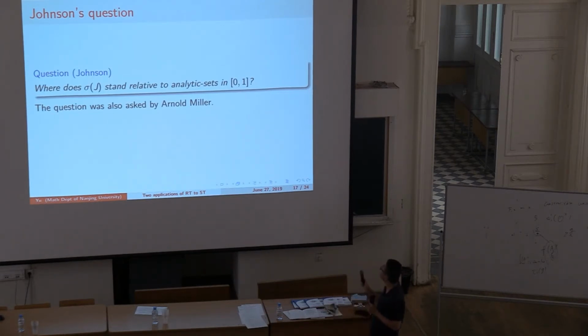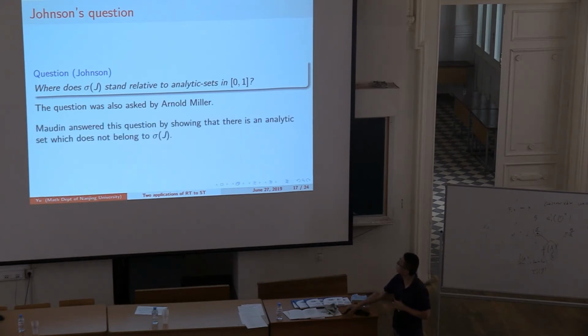This question was also asked by several set theorists, for example Arnold Miller, a set theorist at Wisconsin-Madison. Then this question was answered by Maldin from North Texas, who answered it by showing there is an analytic set which cannot be generated by Jordan measurable sets.